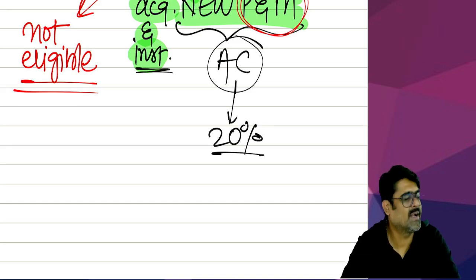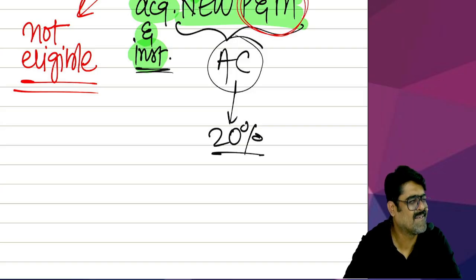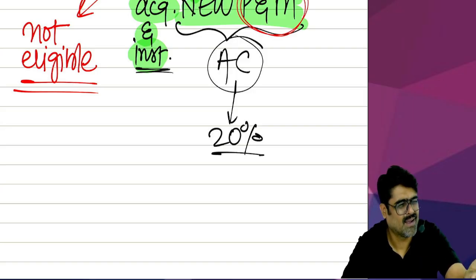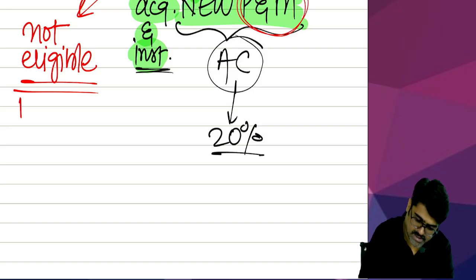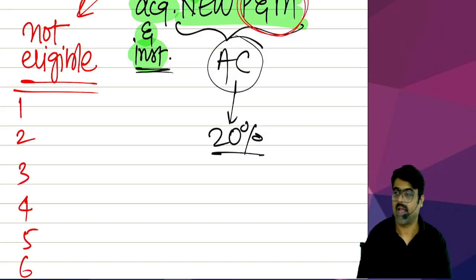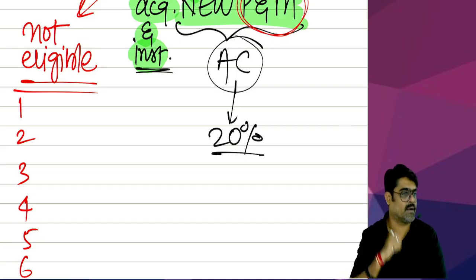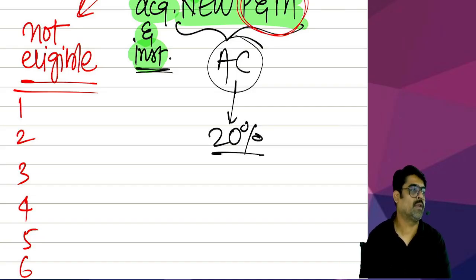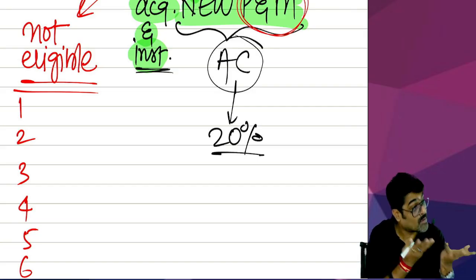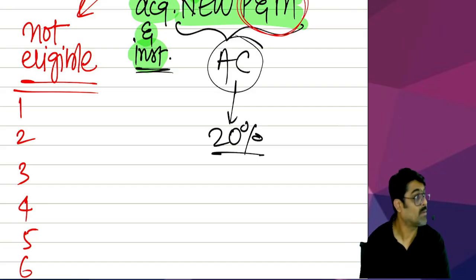Okay. So what I was saying? Six plant and machinery. Any of these plant and machinery you have acquired, can you claim depreciation on them? Yes. Claim normal depreciation amount, but don't claim additional depreciation.